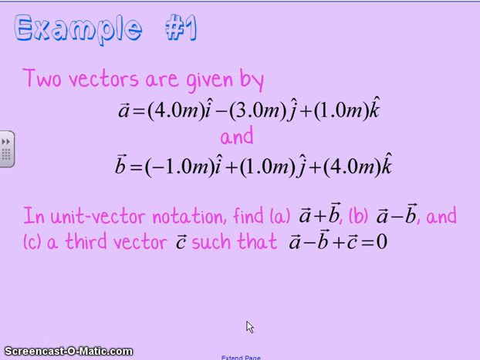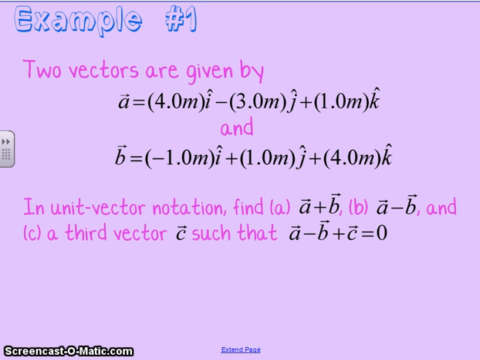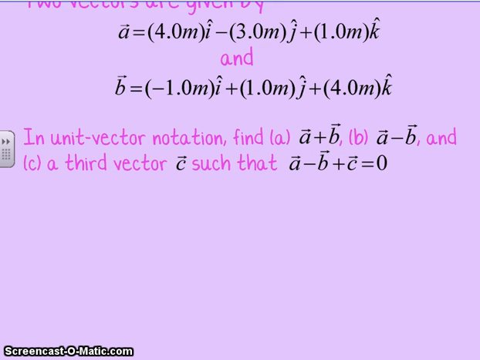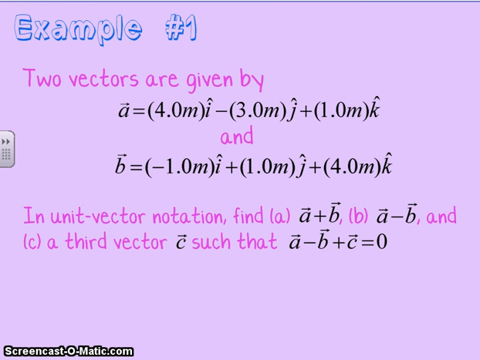It asks us to find, in unit vector notation, A plus B, A minus B, and a third vector C such that A minus B plus C equals 0. Hopefully you'll find through this example that working in unit vector notation makes things fairly easy, which is really nice. Okay, so let's get started with this example problem.